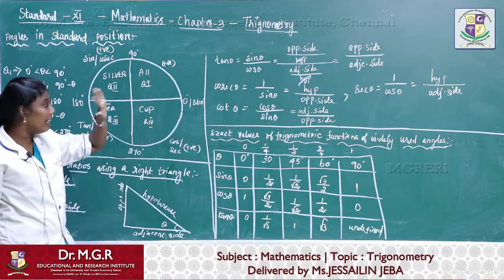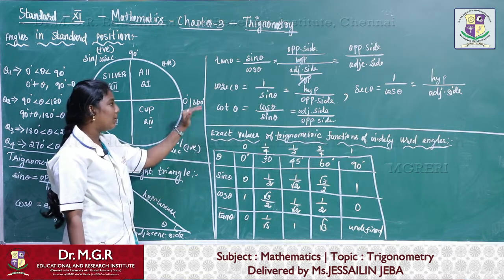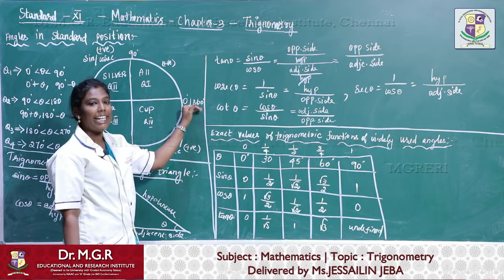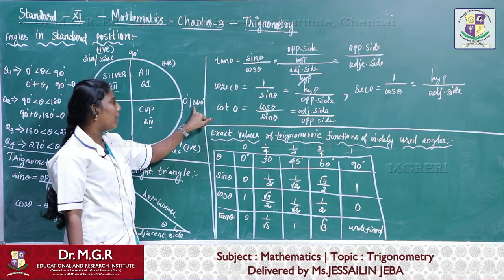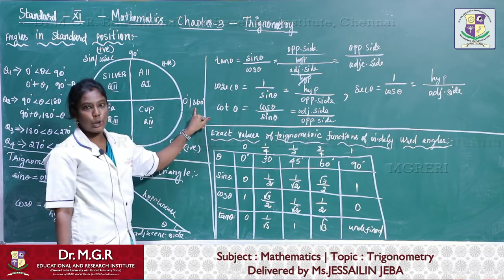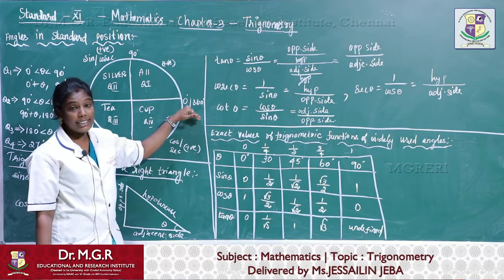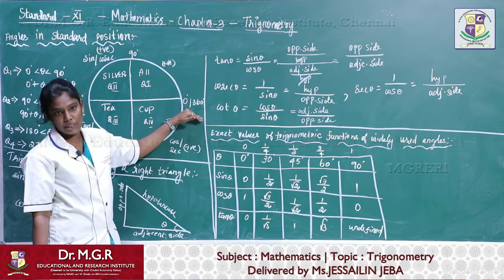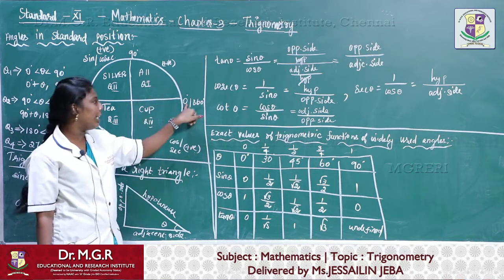One more thing: the fourth quadrant ends at 360 degree, and the first quadrant starts at 0 degree. These angles have the same position, because the fourth quadrant finishes at this position only, and the first quadrant starts from this position.